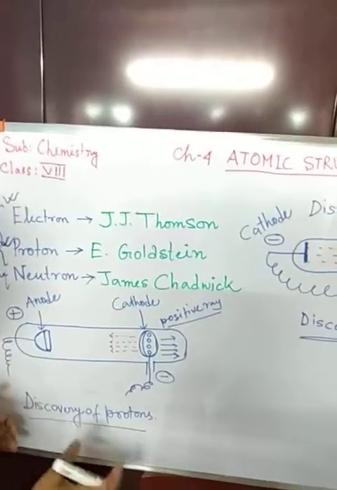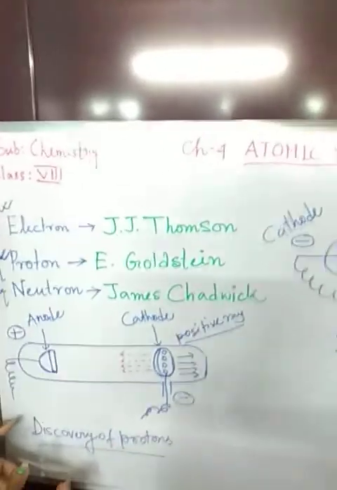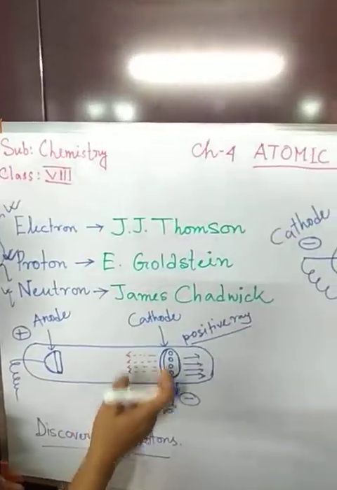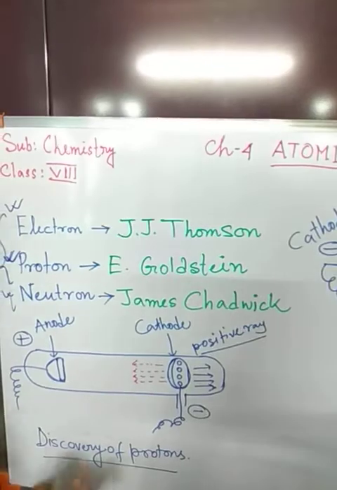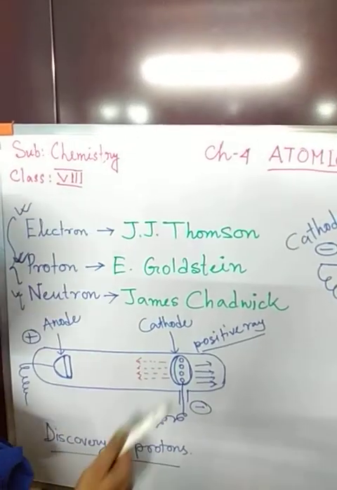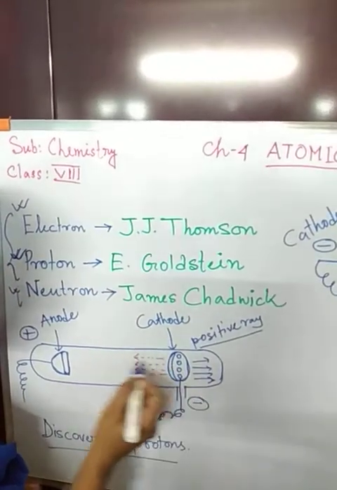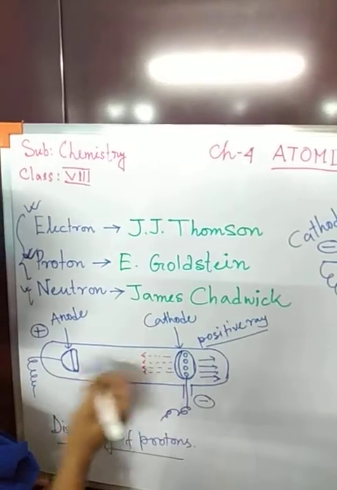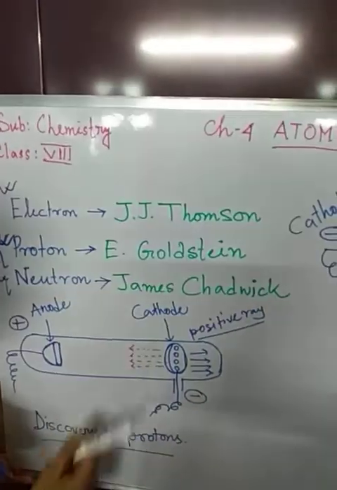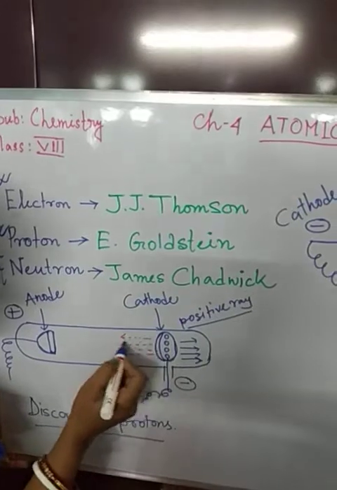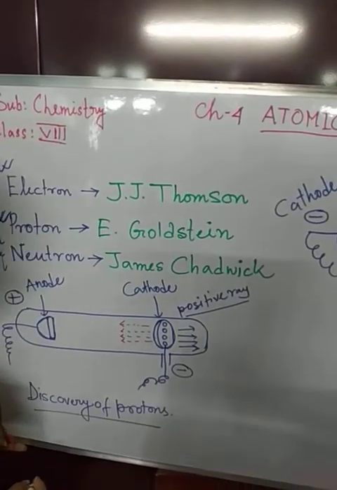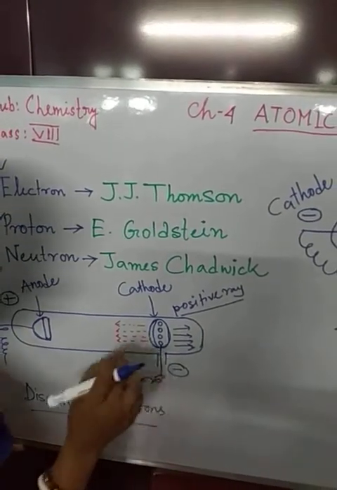Now when the same conditions were applied for the perforated cathode, Goldstein observed that the cathode rays are forming from the cathode. You can see the cathode rays, which I have shown through these red arrows.